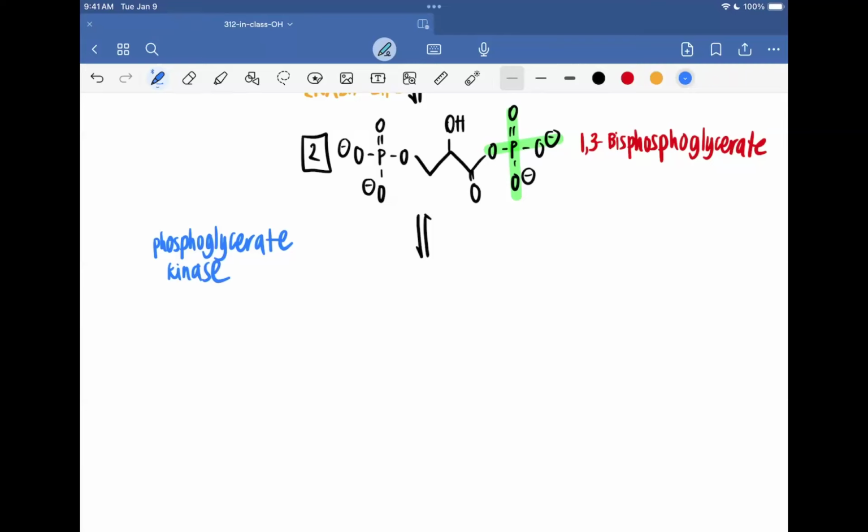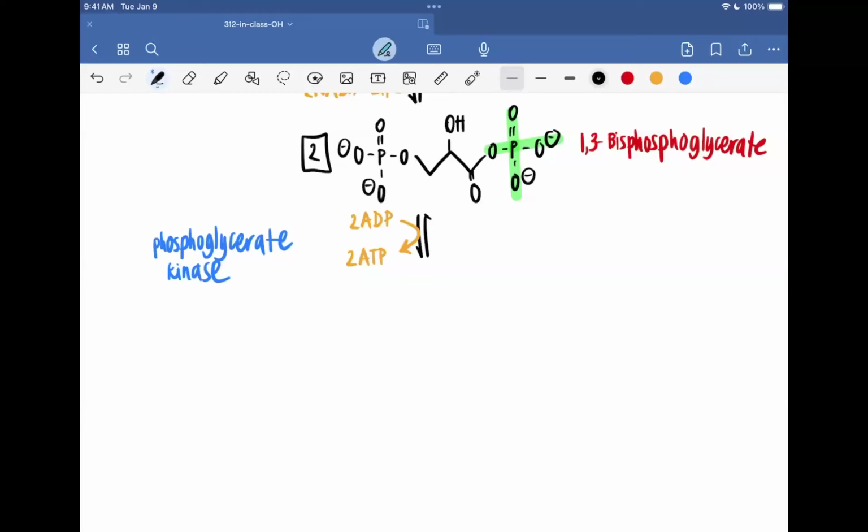This process is going to be our first observation of substrate level phosphorylation. And what I mean by that is that we're going to take one of the phosphoryl groups from our substrate, in particular this phosphoryl group, and donate it to ADP in order to form ATP.